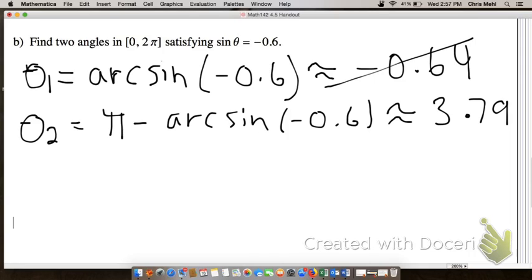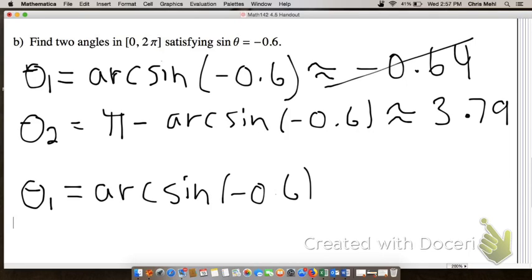It's not in the interval from 0 to 2 pi. So what I'm going to do is adjust it a little bit. So theta 1, we're going to take our first arc sine of negative 0.6.